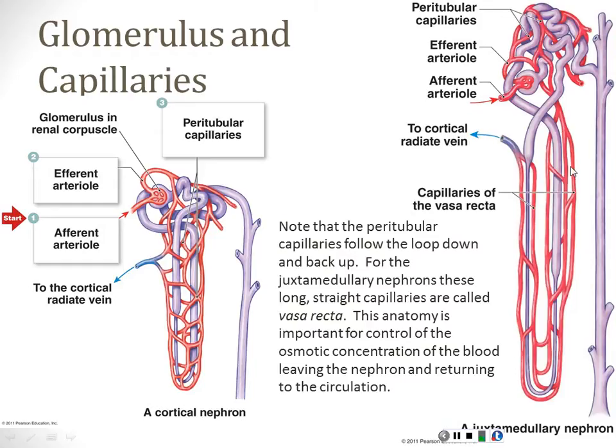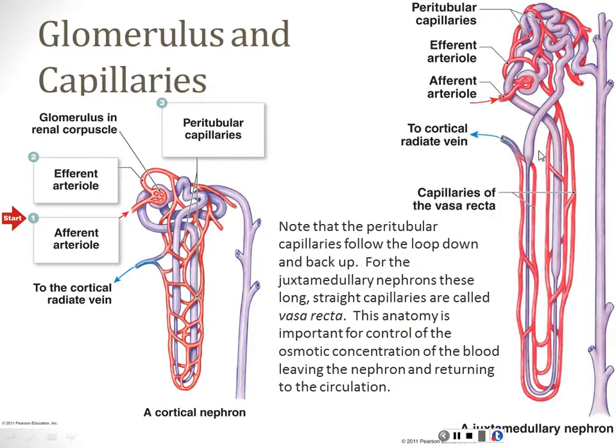And because this is long and skinny, we have capillaries that are straight, right? You see how these are very straight compared to these are all curvy? Because they're straight, we call them vasa recta. Recta is straight. So these are straight vessels, is literally what this word means, vasa recta.